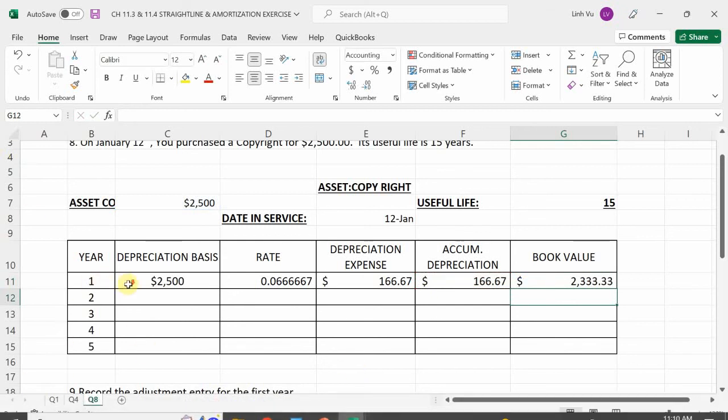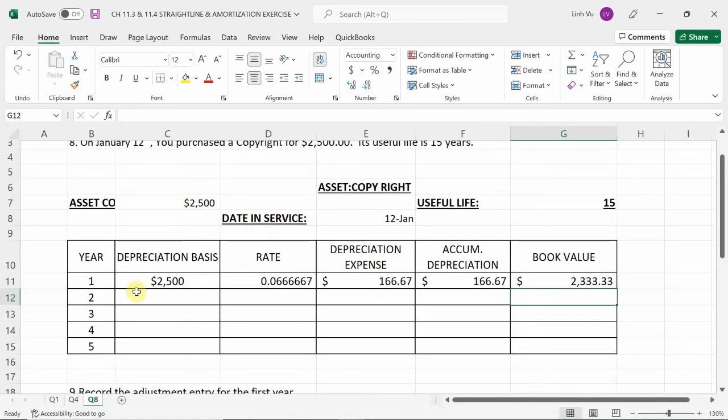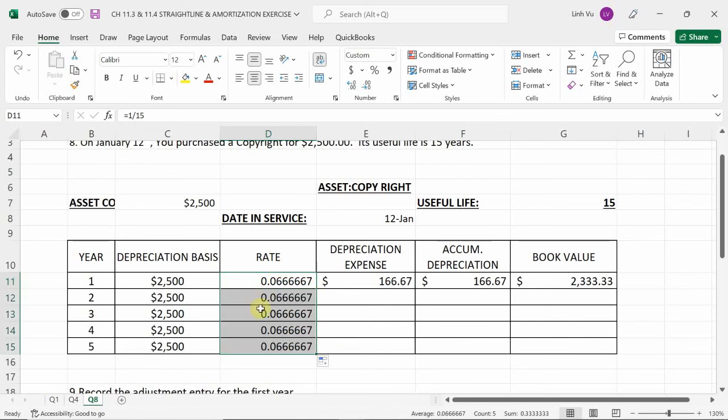$2,333.33. Good. Okay, so what is my amortization basis for year 2? Is it the same? It's the same for all 5 years. Yes. Okay. What about my rate? The rate is going to be the same. It's going to be the same for all 5 years.